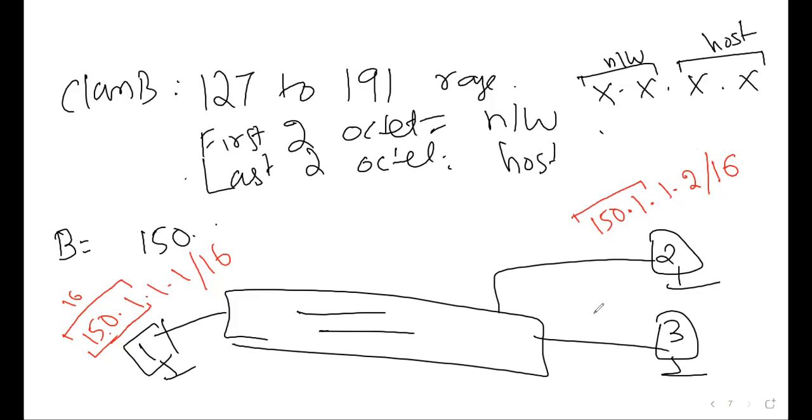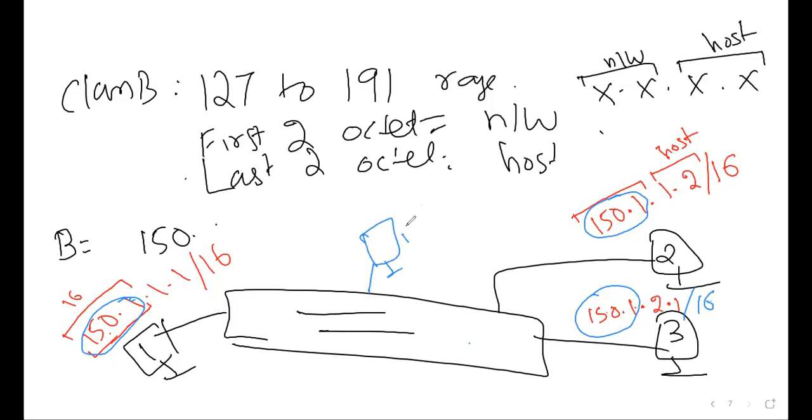In the third system, I can write 150.1, let's say 2.1. Here 1.2, here I can write 2.1, because the part where I changed is the host portion. For all three systems, 150.1 must be the same to define that they are in the same network. Okay, /16.